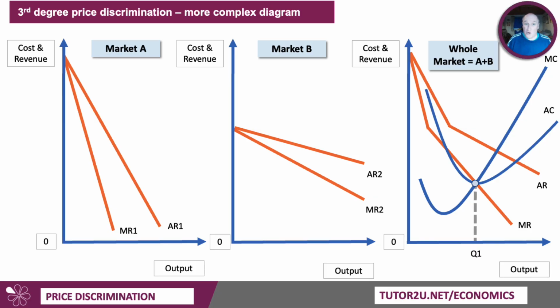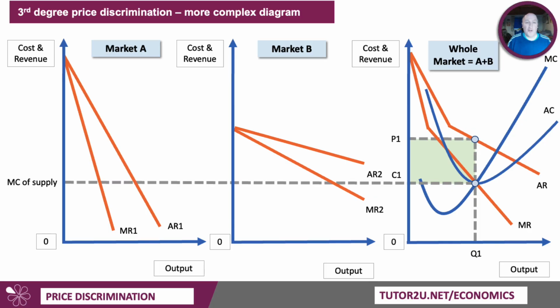Okay, so don't worry too much about this, but here we go. The firm could, in theory, just charge one profit maximizing price, P1, with a unit cost of C1, and that gives them a tidy profit shown by the green shaded area. So in the absence of price discrimination, they could charge a single price, P1, but they don't have to.